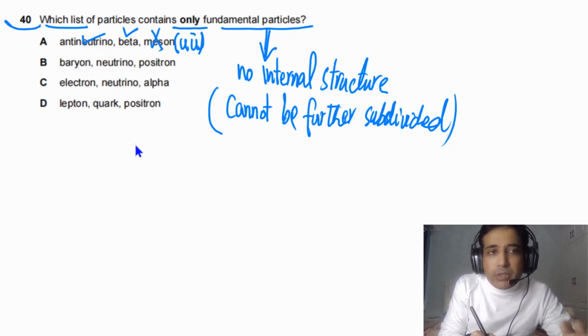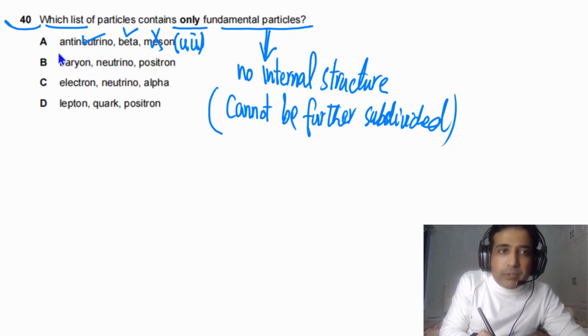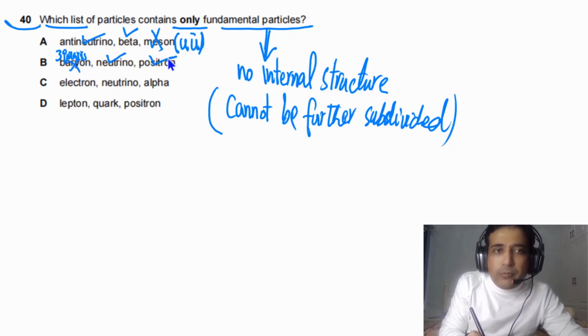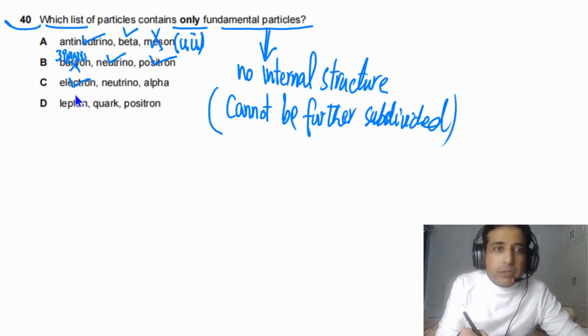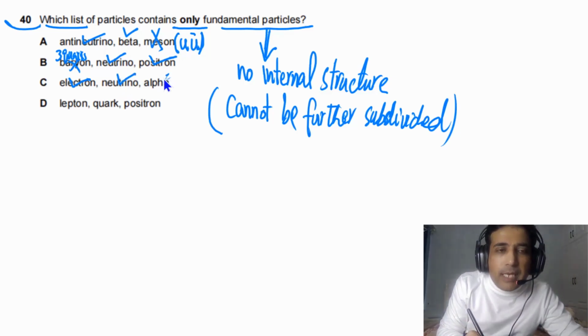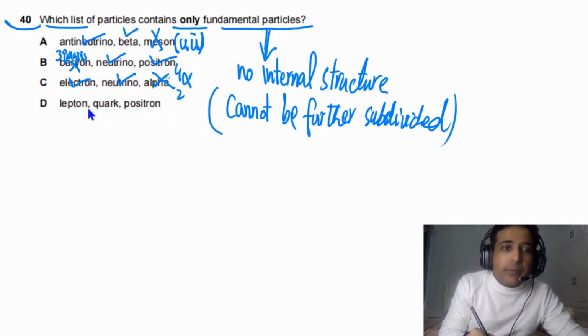So option A is not the right answer. Baryons consist of 3 quarks, so they are also not fundamental particles. Neutrino, fundamental. Positron, fundamental. Electron, fundamental. All leptons are fundamental particles. But alpha is not a fundamental particle because it consists of 2 protons and 2 neutrons.